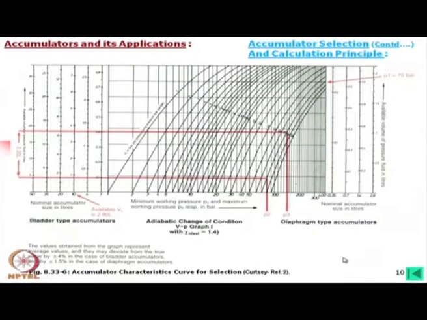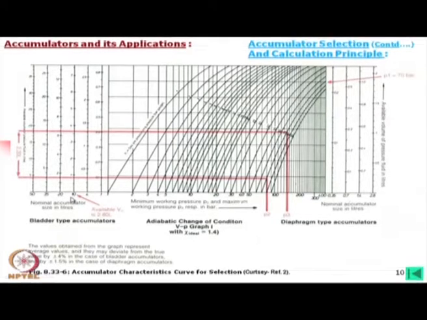Now, this is for the selection of the accumulator. This curve is usually supplied by the accumulator manufacturer. Say, for example, if we consider that V1 by V2 is 2.20 liter, then we can have this curve, and this is the actual volume of the accumulator.